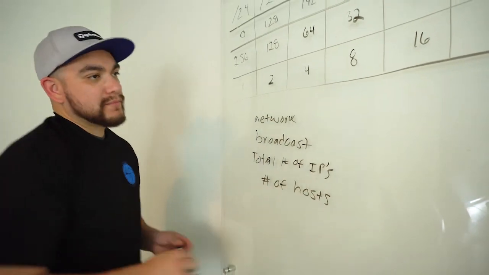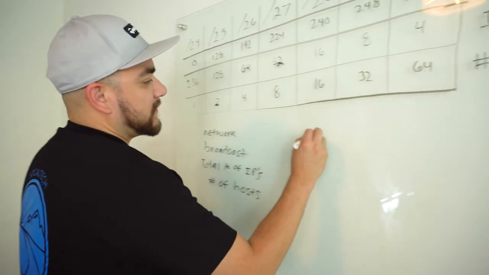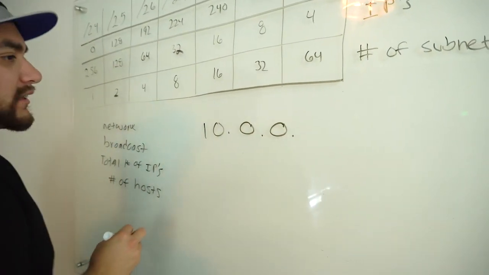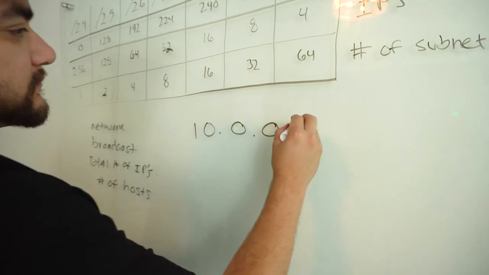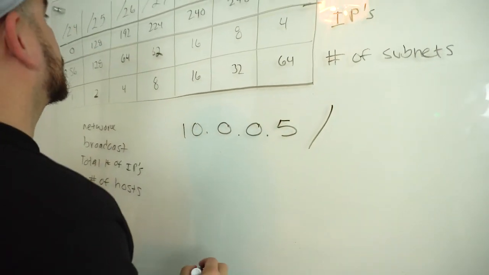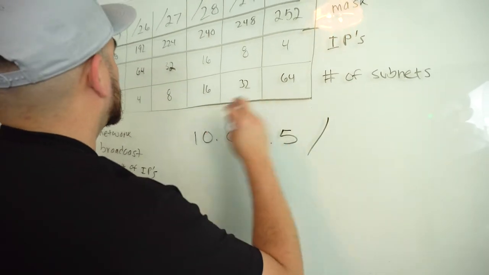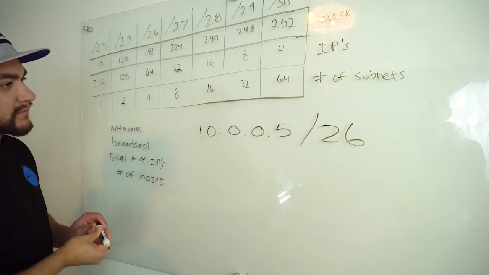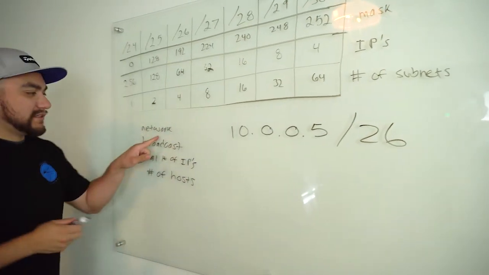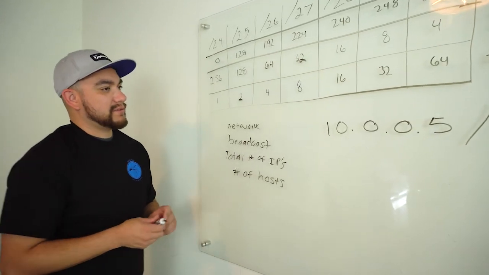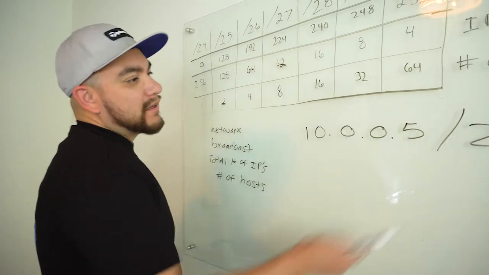Okay, so let's do an example. Let's do 10.0.0.5/26. So let's try and figure out what the network address is, the broadcast, the total number of IPs, and the number of hosts. Okay. Let's go to our chart.